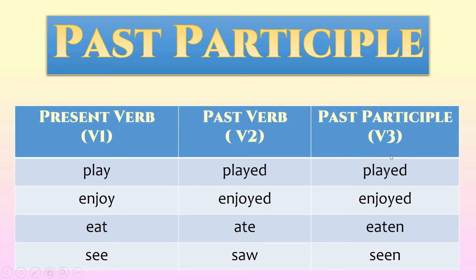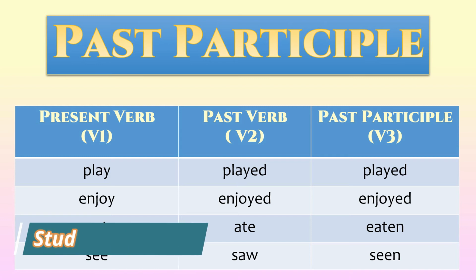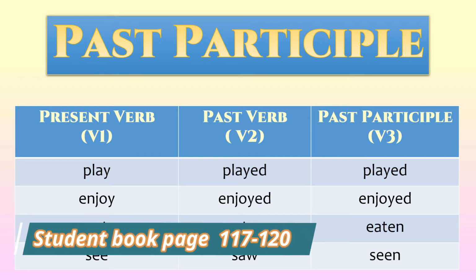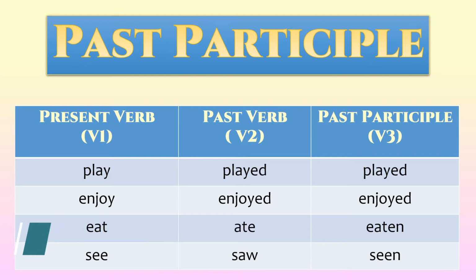Now if you go to your student book, page 117 to 120, the last 2 pages in your student book, you can see there the verb list. So there is present, past, and past participle.